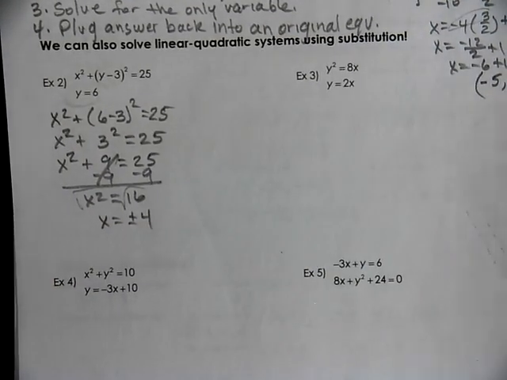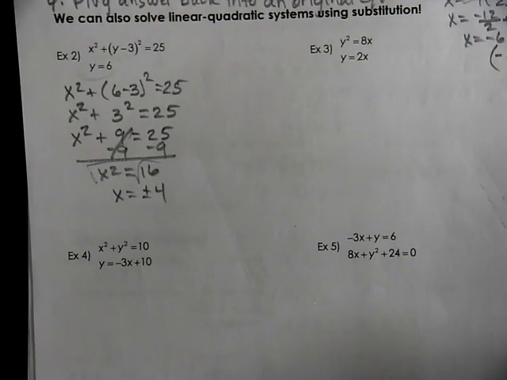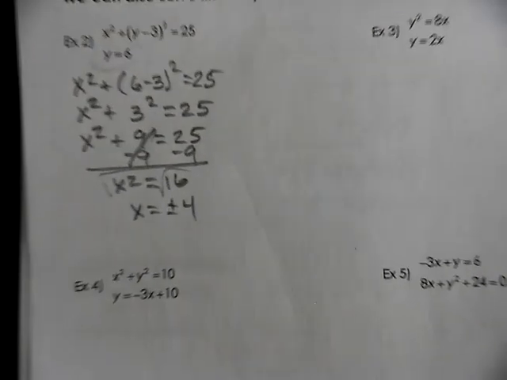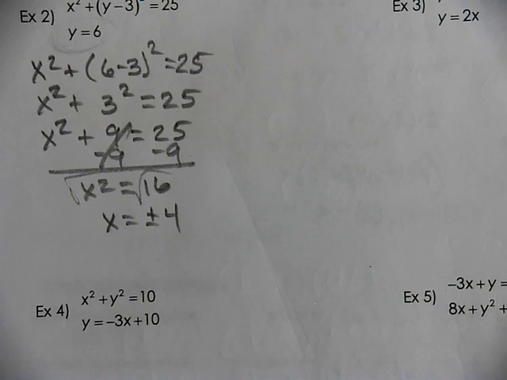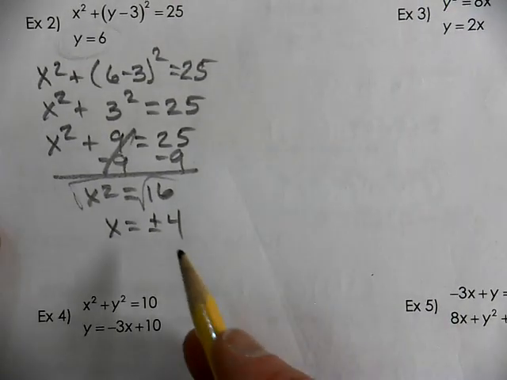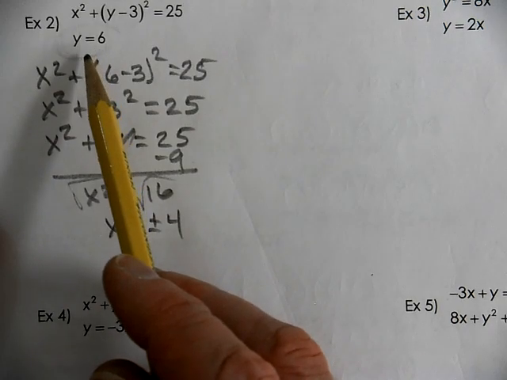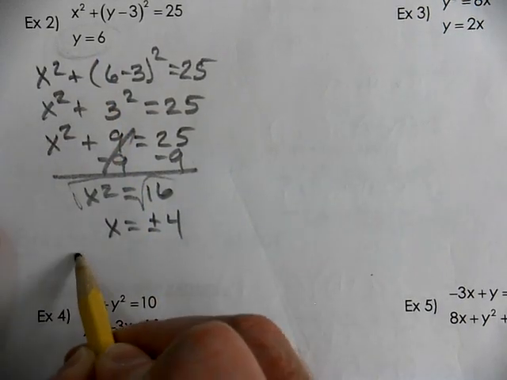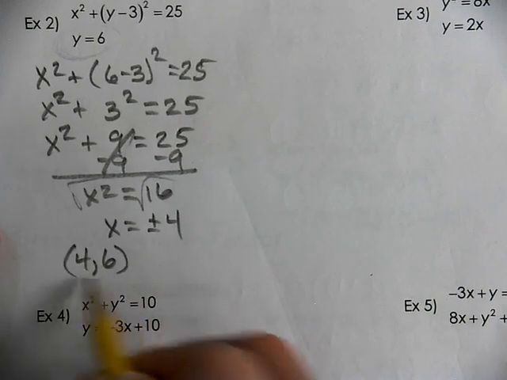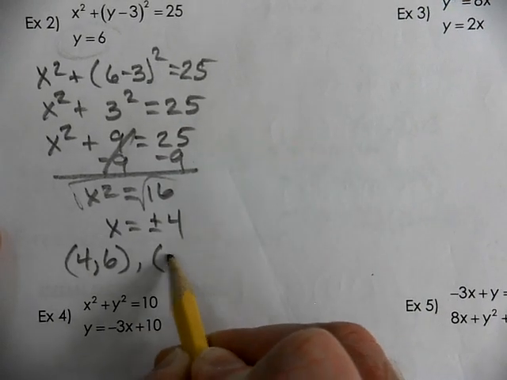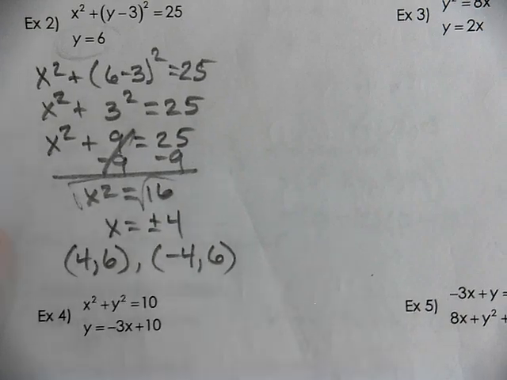And don't forget, when you take the square root of both sides, you've got to get plus or minus. So we know what our x is, and we actually know what our y is. So we're done. It's 4 comma 6, and it's negative 4 comma 6.